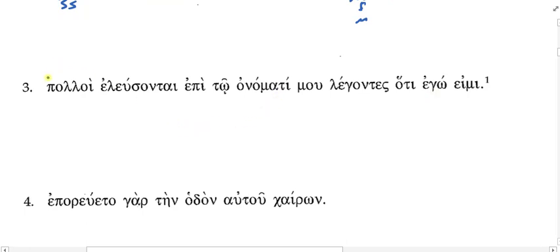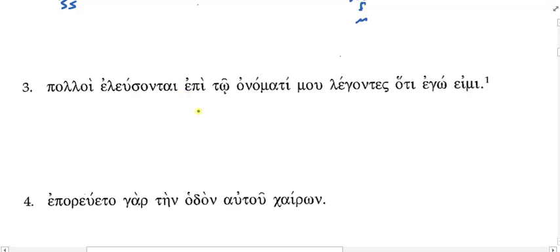So number 3 is, let's read that together. Polloi eleusontai epi tō onomati mou legontes hoti egō eimi. Now, polloi means many. I understand that Dr. Hatchett likes to refer to the hoi polloi in his classes.